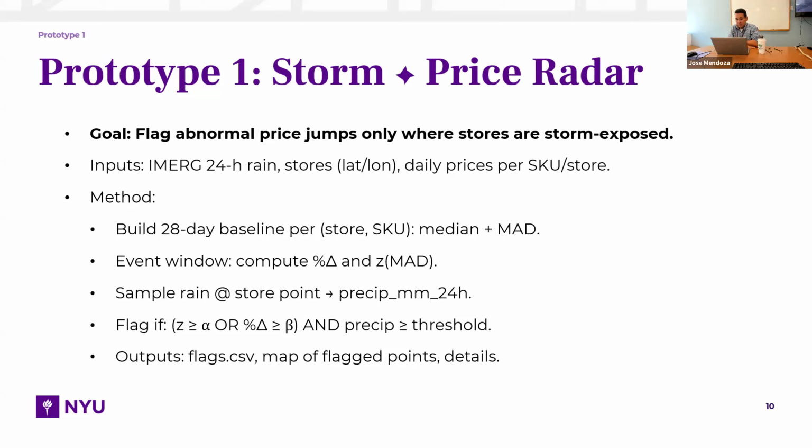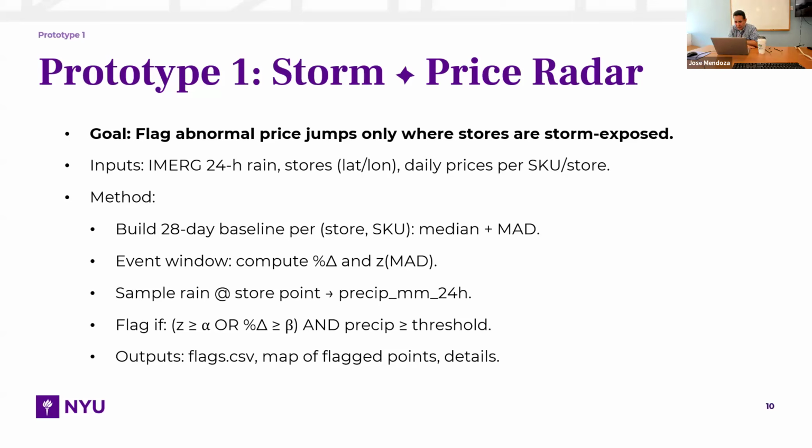The process is, number 1, build a baseline for the last 28 days per store SKU, estimating the mean and the mean absolute deviation. After that, compute the deltas, the percentage change from the previous baseline. And also measure the z value for the same absolute difference, because you just look for outliers.